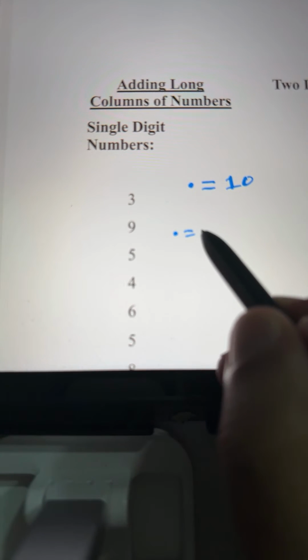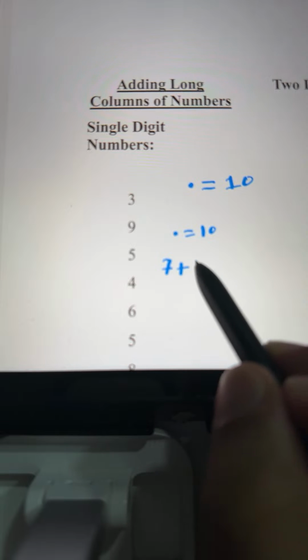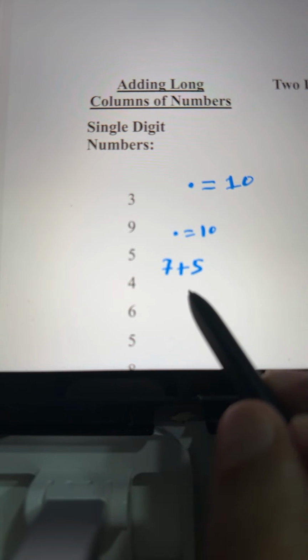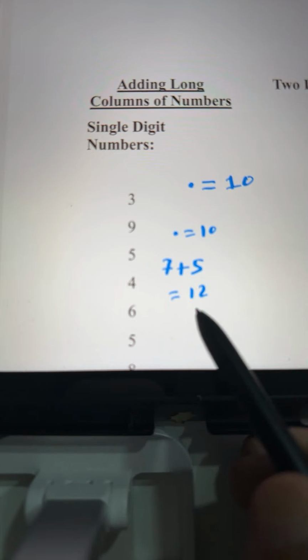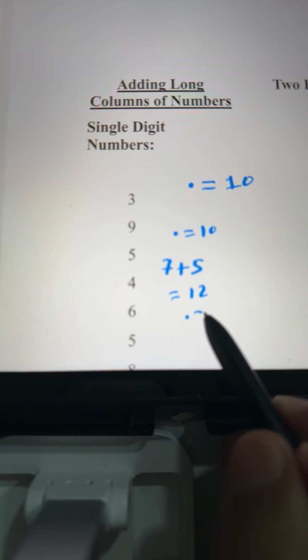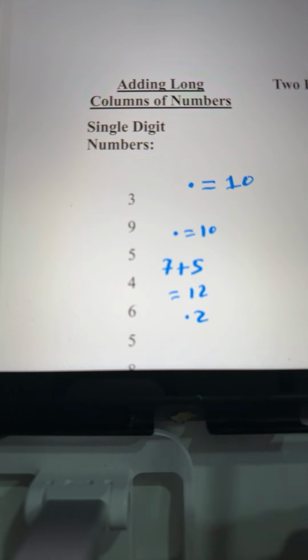So first let me tell you, dot means 10. Dot is equal to 10. So if we have, let's say, 7 plus 5, we know this is 12, but in 12 there is 10 and 2. So we can say dot 2 for this addition method.